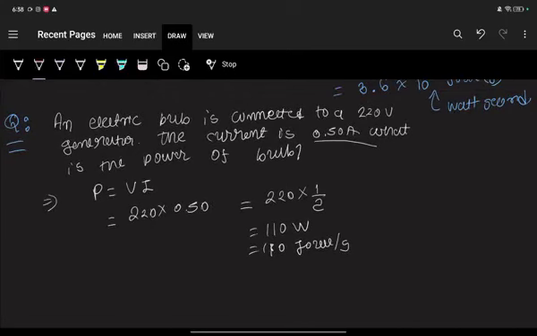Now if I modify this question, let me modify the question. If the bulb is on for 1 hour, find out the electrical energy. Can you do this? Tell me.